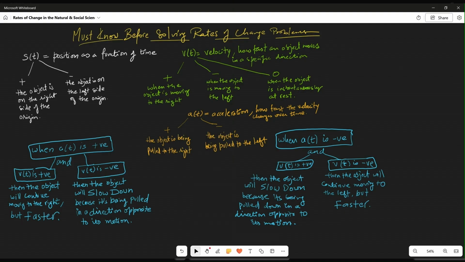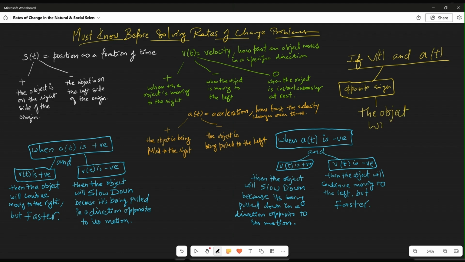What we have derived from these two scenarios, when acceleration is positive or negative with respect to velocity being positive or negative, is that if velocity and acceleration have opposite signs, meaning one is positive and the other is negative, the object will slow down.